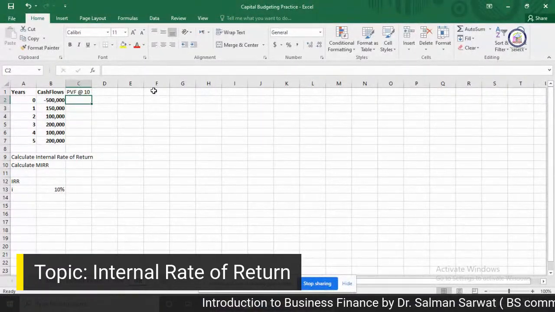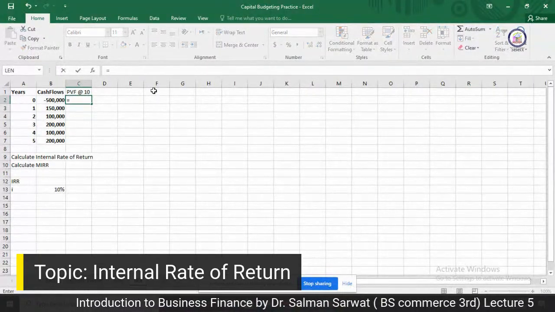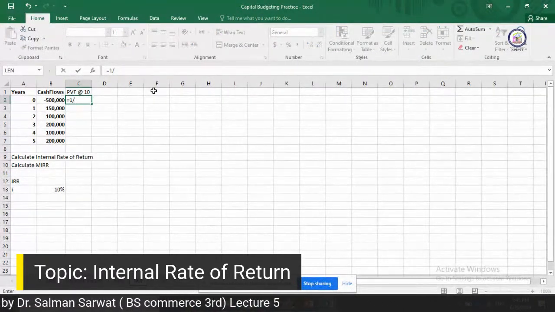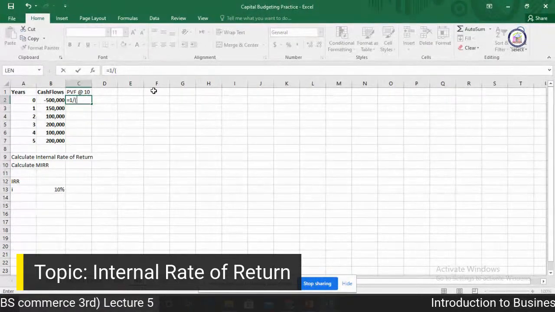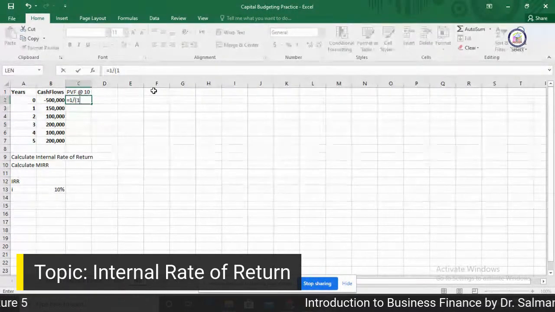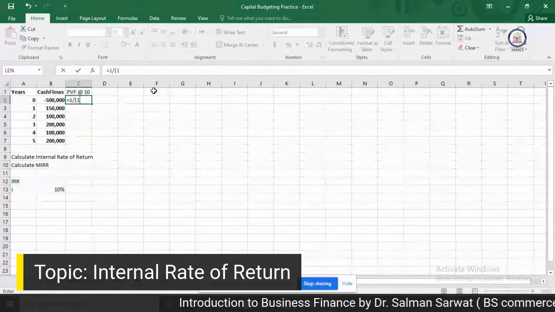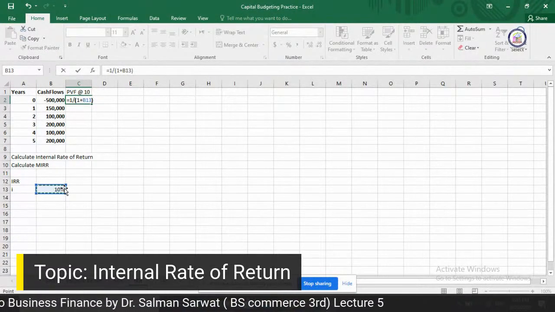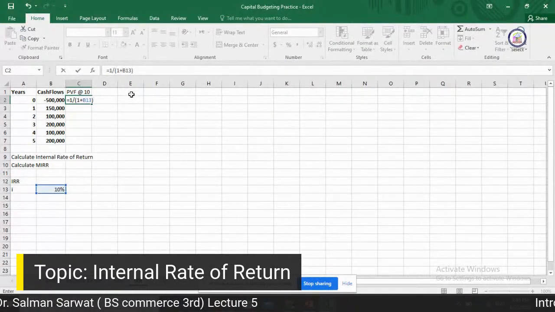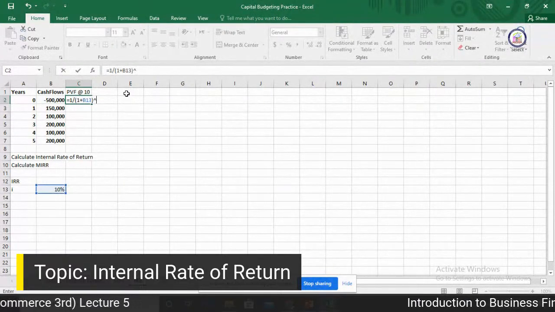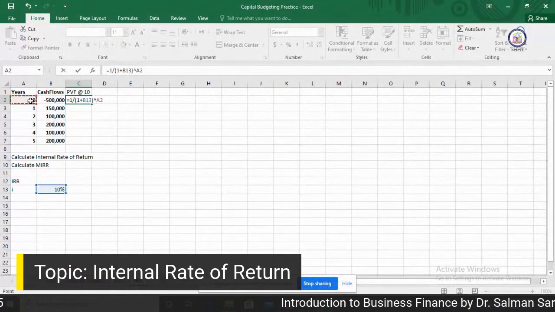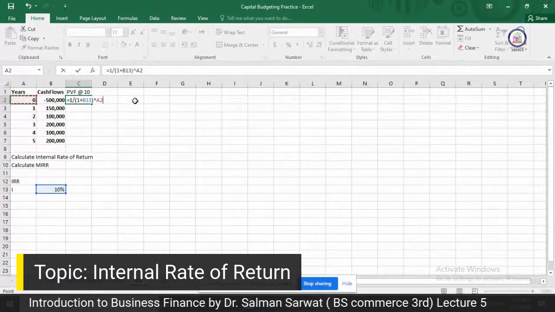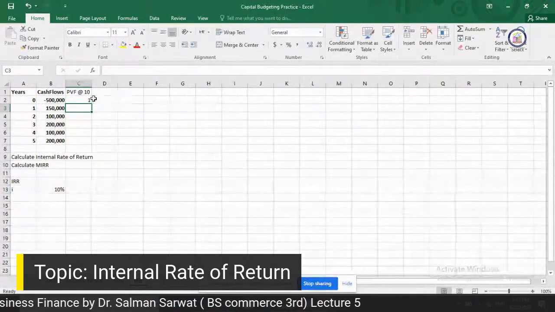So the formula is 1 divided by 1 plus I, and the power of 1 is 0. 1.